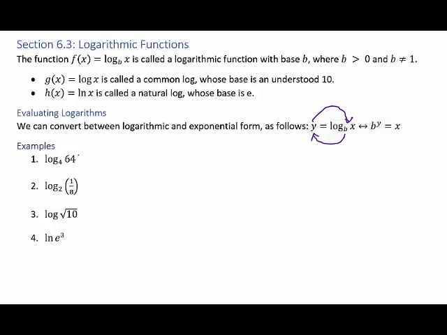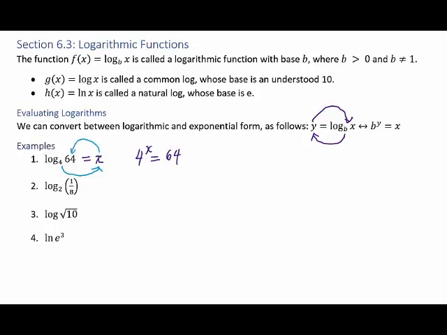Okay, so let's take a look at some examples. We're asked to find log base 4 of 64, and if we say that this is equal to x, we can rewrite this equation in exponential form. So 4 to the x is equal to 64.